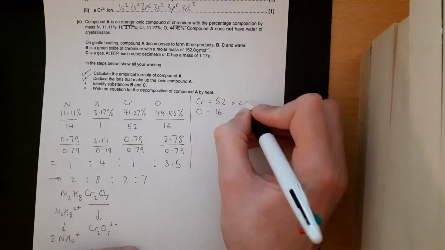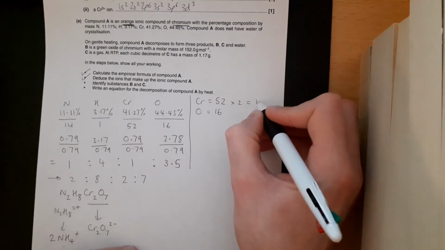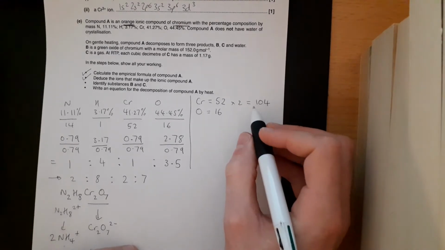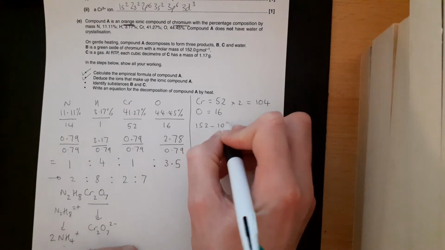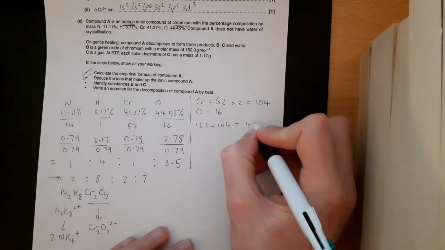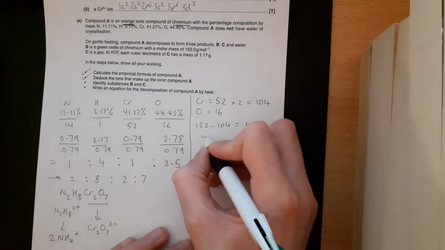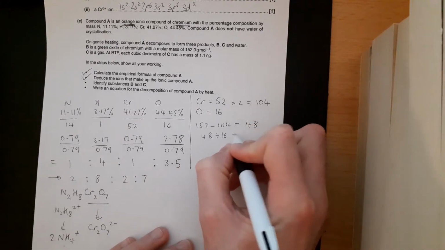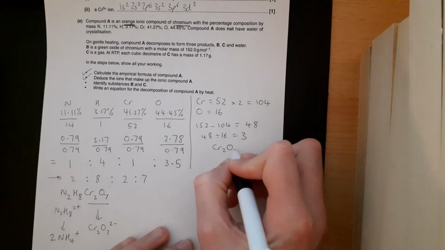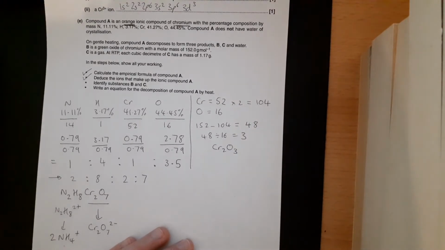So 2 times 52 is 104. And so 152 minus 104 is 48, and 48 divided by 16 is 3. So this has got to be Cr2O3. So that's my oxide of chromium.